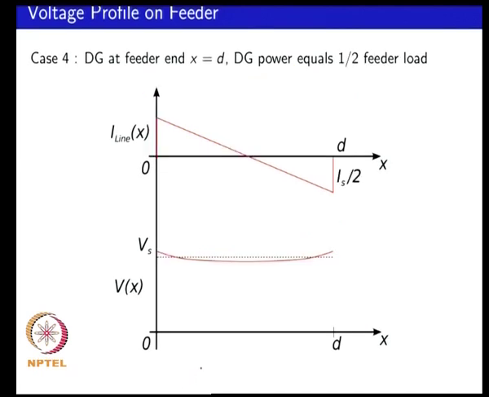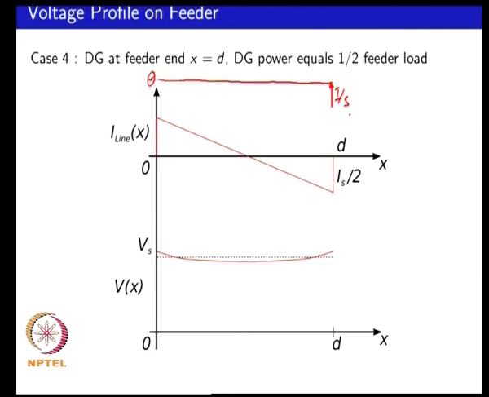So, we will look at another situation where you have a DG connected at the end of the feeder, but now the DG power is equal to essentially half the feeder power. Okay. So, you are injecting Is by 2 at the end.